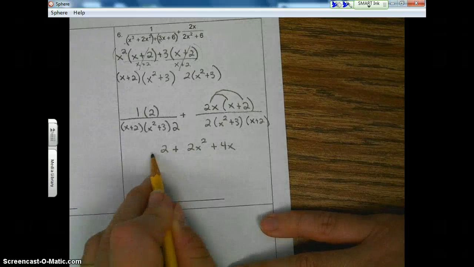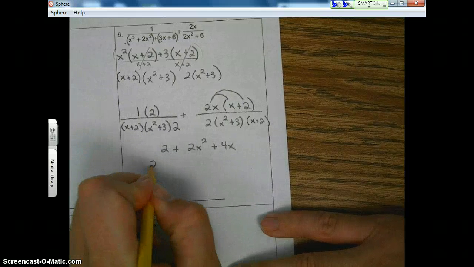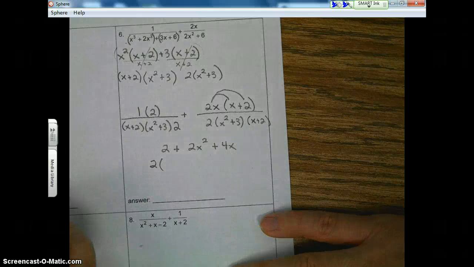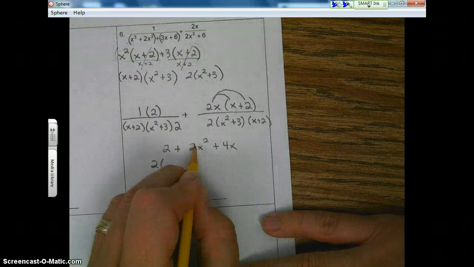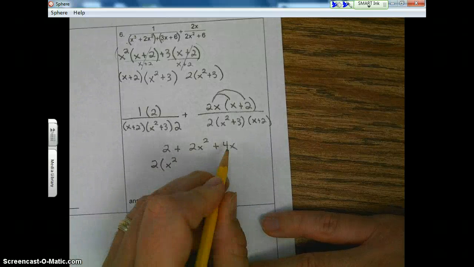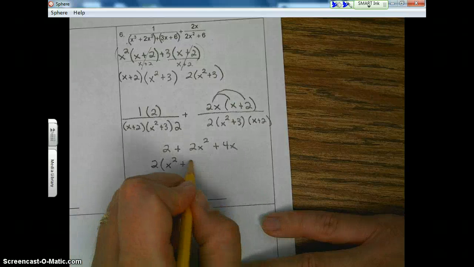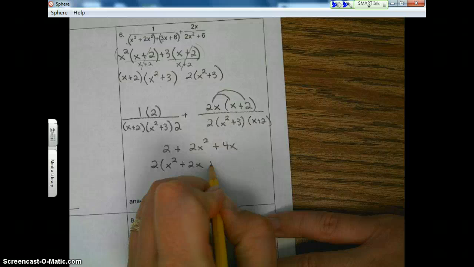I can factor out a 2. Now I'm going to take a 2 out of each, but I'm going to go ahead and put it in the right order. Okay, the x squared needs to go first. So 2 divided by 2 is 1. Then the 4x needs to go second. 4 divided by 2 is 2. And then the 2 needs to go last. 2 divided by 2 is 1.